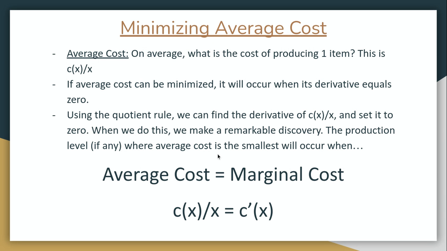The production level where average cost is the smallest will occur when average cost equals marginal cost. I'm not going to go through the derivation because I just outlined it here. We know it's going to be minimized when the derivative is 0. We find the derivative, we set it equal to 0, we do some algebra, and we get this equation. And we interpret what that means: it's going to occur when average cost equals marginal cost. So that's another real-life application in economics.